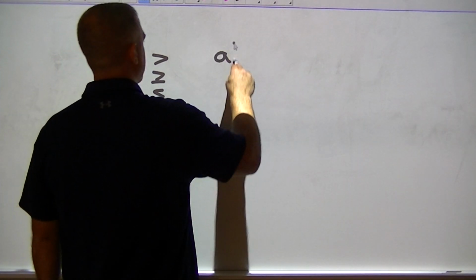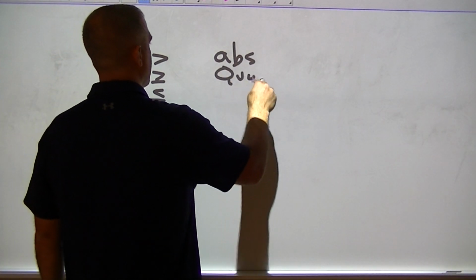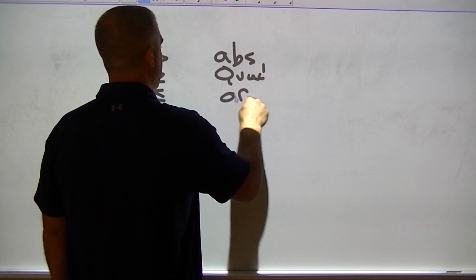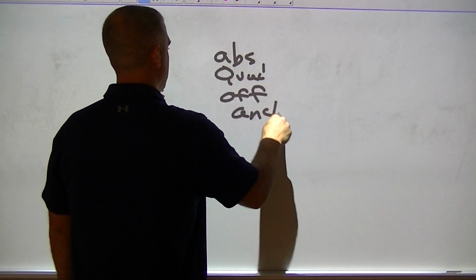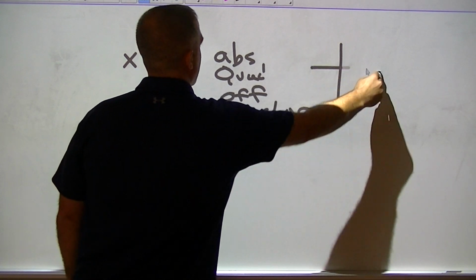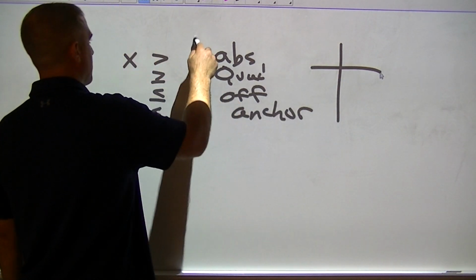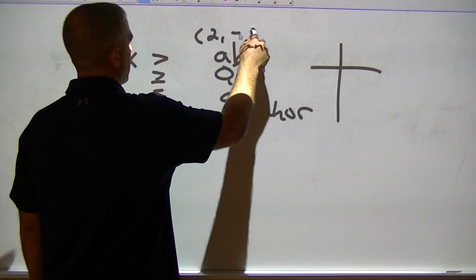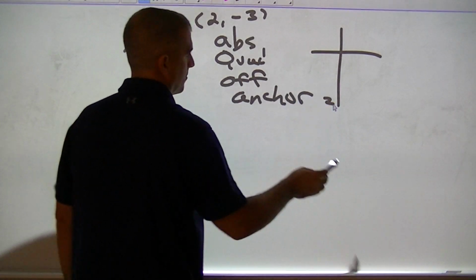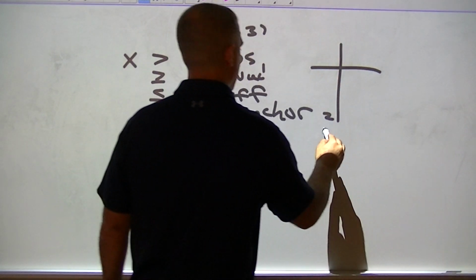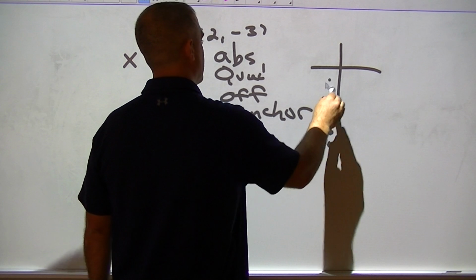Now, if you had this, it doesn't matter for these. If you have absolute value or quad, you build off the anchor. You would build around the anchor point. So if the anchor point was 2, -3, you would go 2, 3, 4, 1, 0.